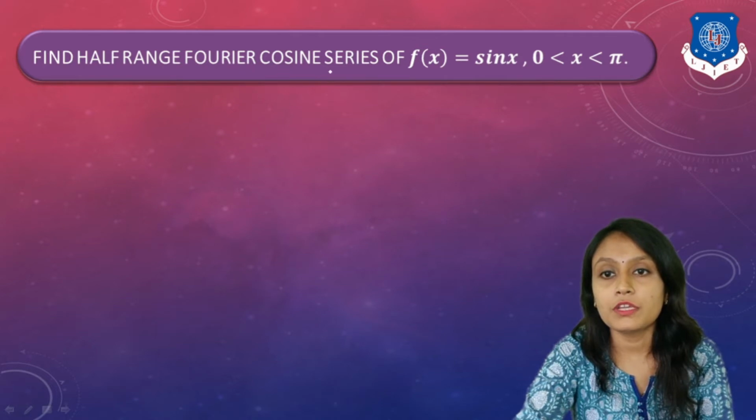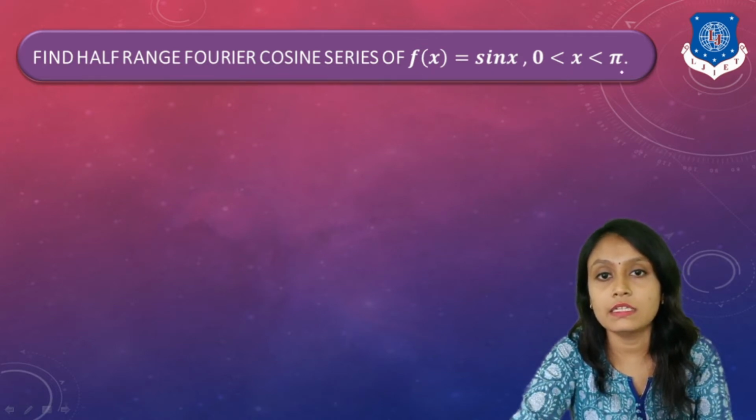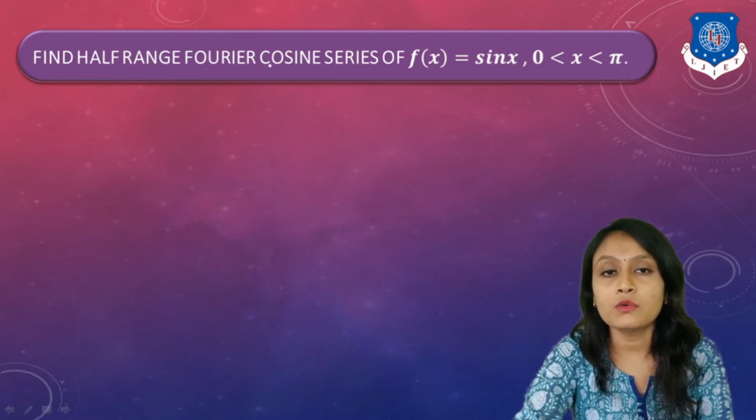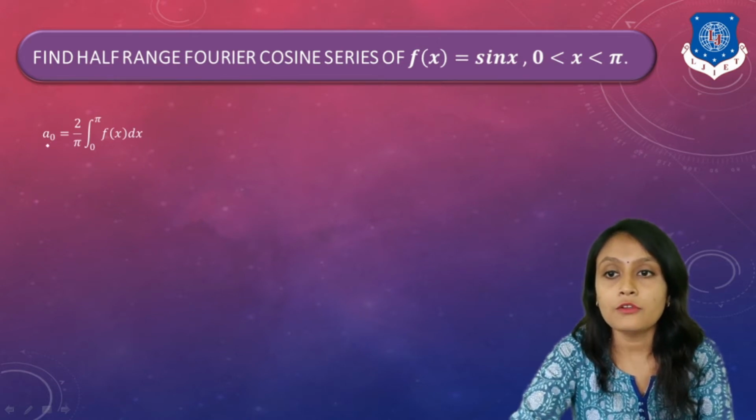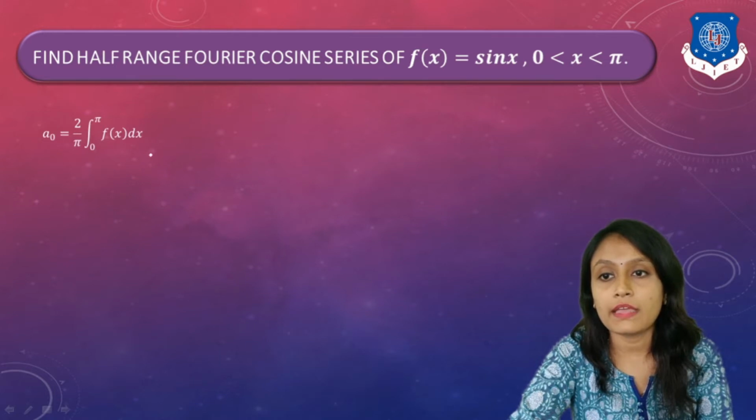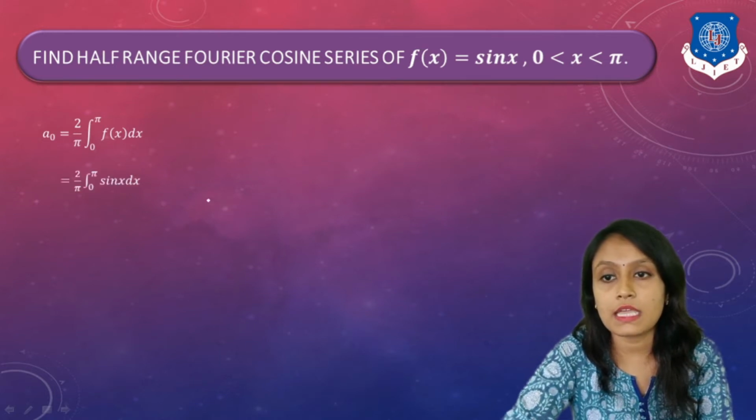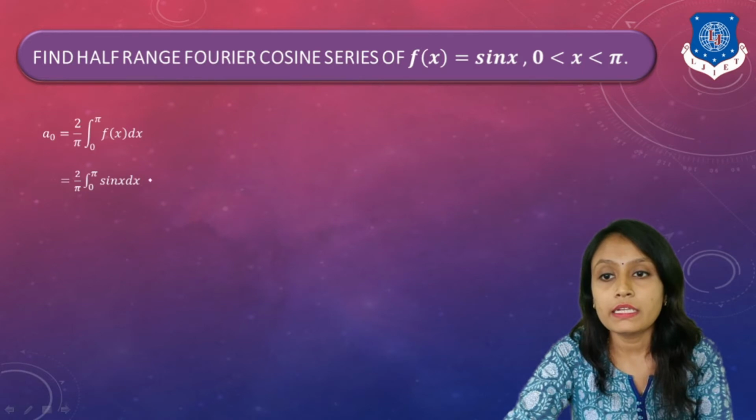Find the half-range Fourier cosine series of the function f(x) = sin x in the interval 0 to pi. So here we have to find the cosine series, so we will find a0 and an. The formula to find a0 is 2 upon pi integration 0 to pi f(x) dx. The function f(x) is sin x, so just substitute and integrate sin x.